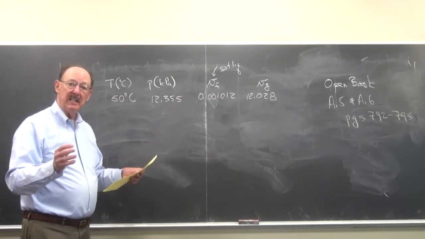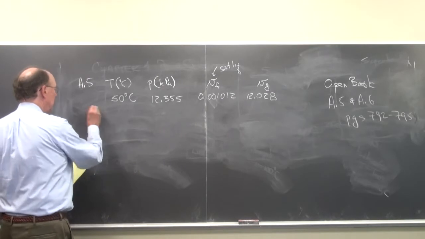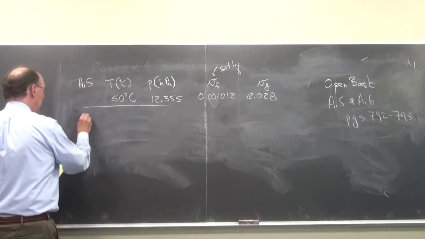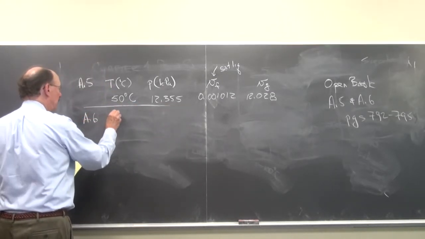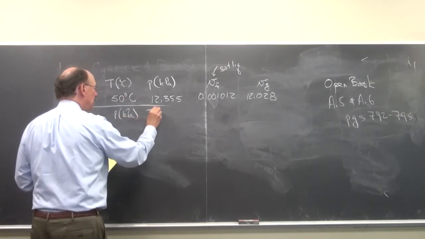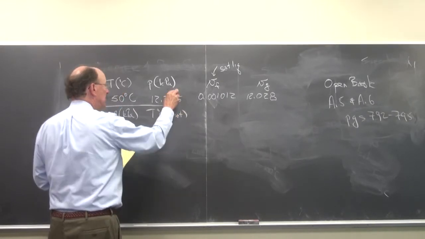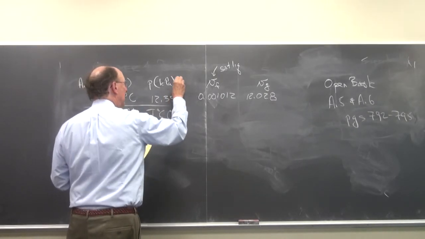In table A6, pressure is evenly incremented. So in A6, it starts with pressure in kPa, and it gives the temperature in degrees C, and this is T sat, just as this was P sat.